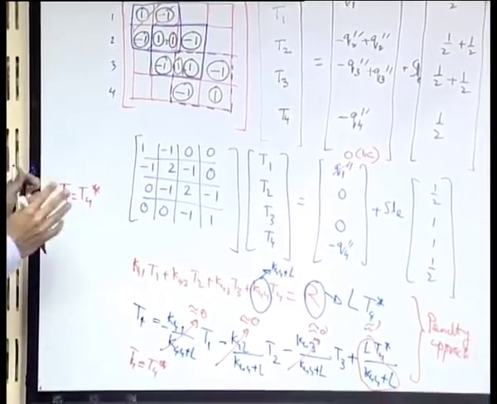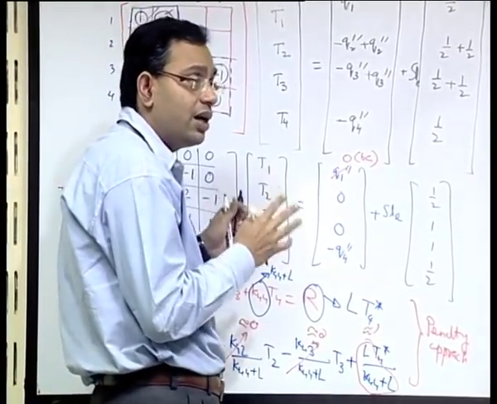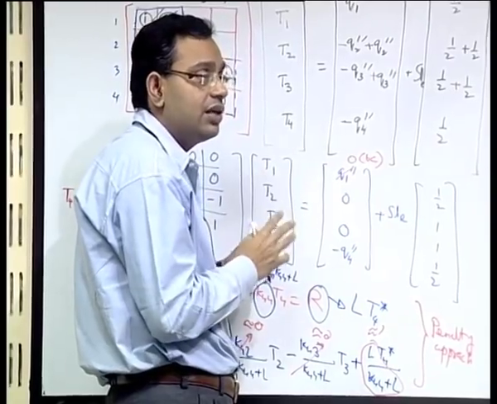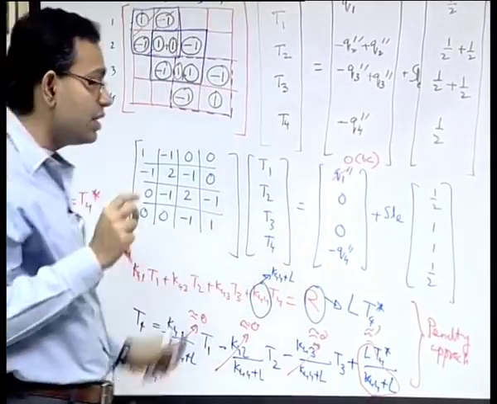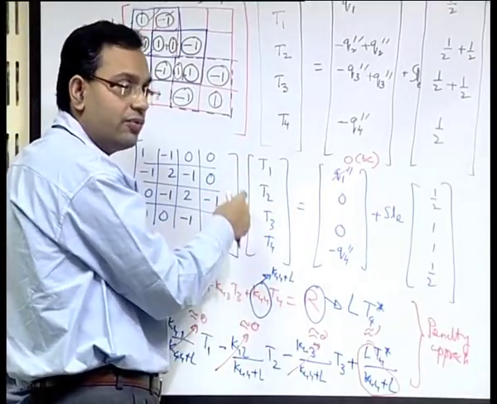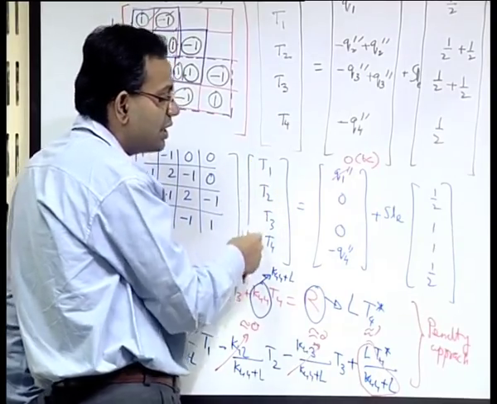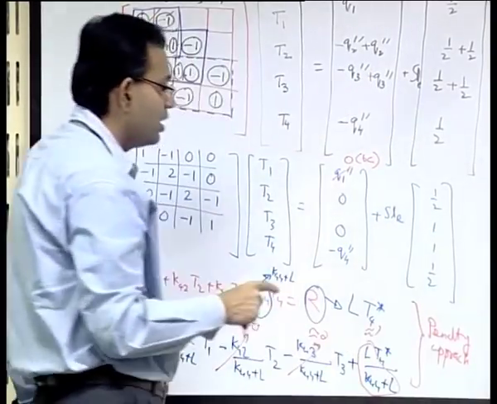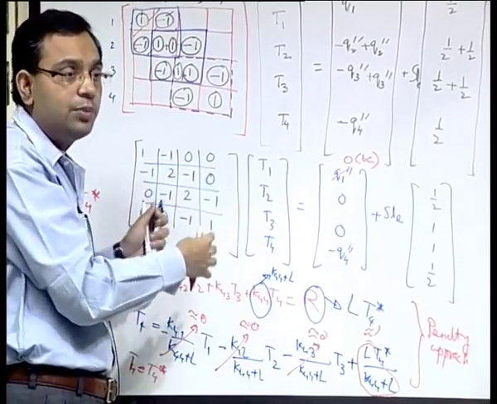So to sum up, what we have achieved by this time: we could convert the governing differential equation into a system of algebraic equations. The system of algebraic equations is in the form of KT equal to F, where T includes the temperature at the unknown points. So the next problem boils down to the solution of the system of algebraic equations.